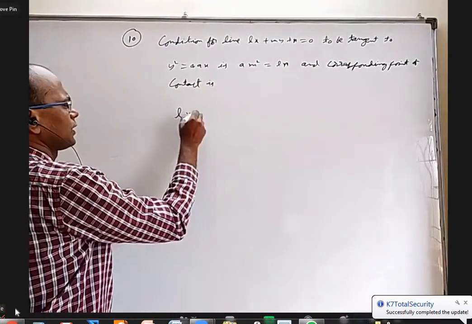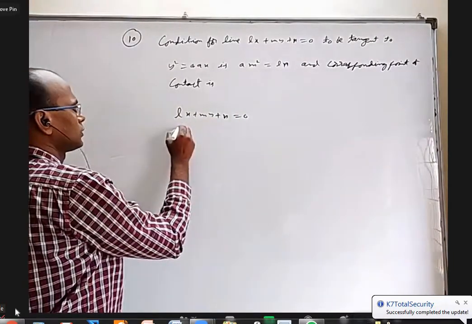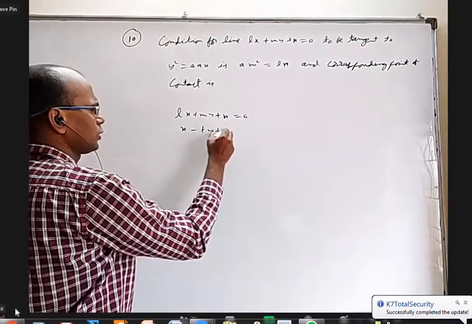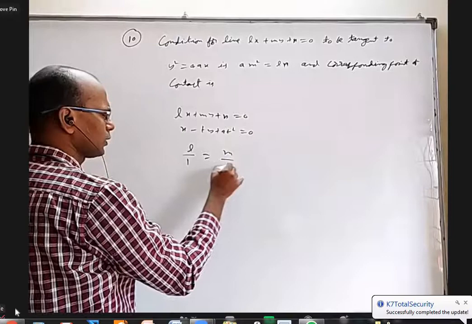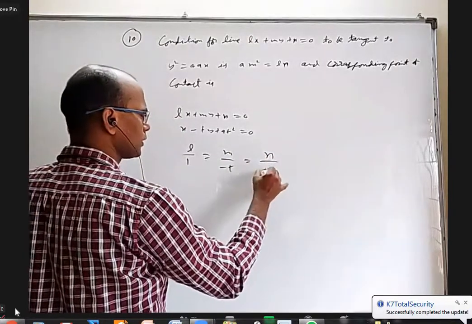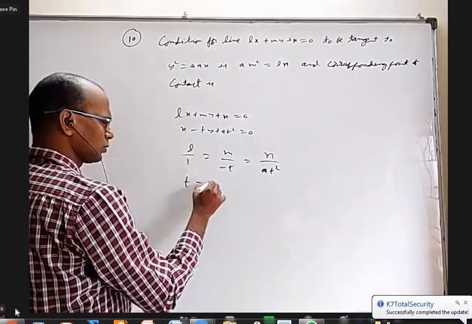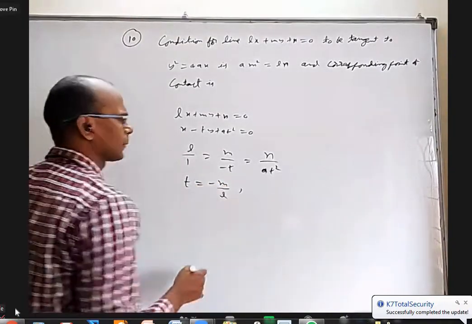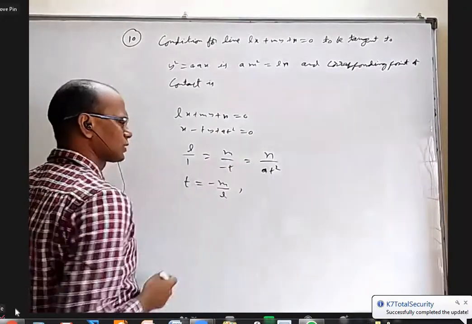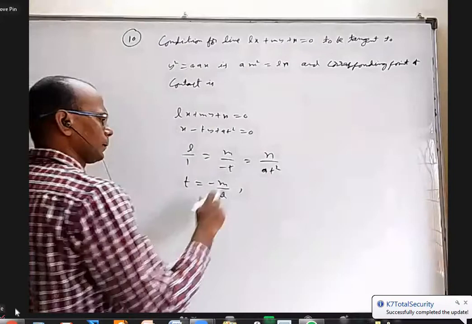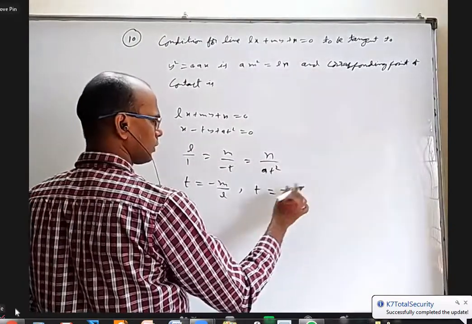So I want to compare lx plus my plus n equal to 0 with the general tangent x minus ty plus at square equal to 0. If I compare, l by 1 equal to m by minus t equal to n by at square. If I compare the first two, I'll get t equal to minus m by l. If I compare the last two, the t will cancel and I'll get t equal to minus n by am.